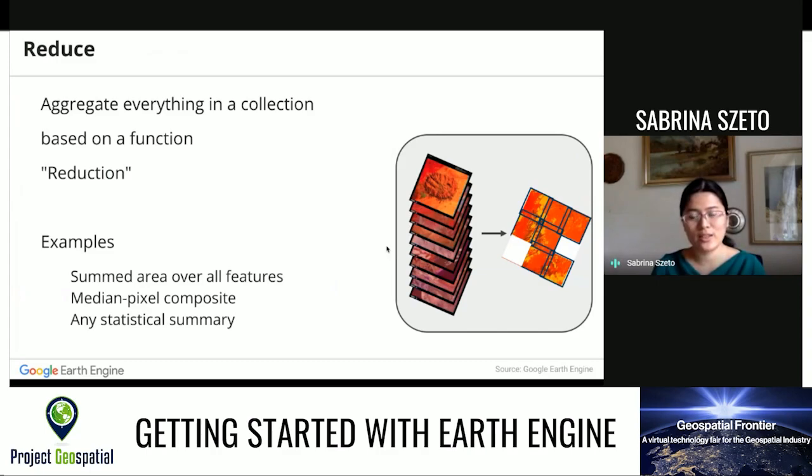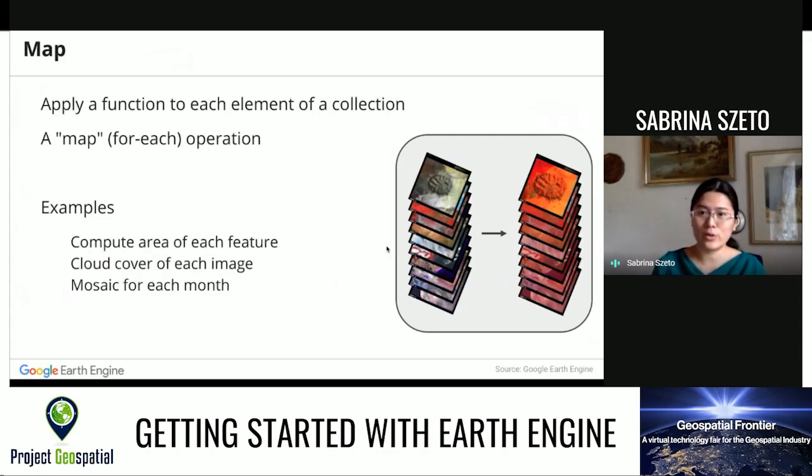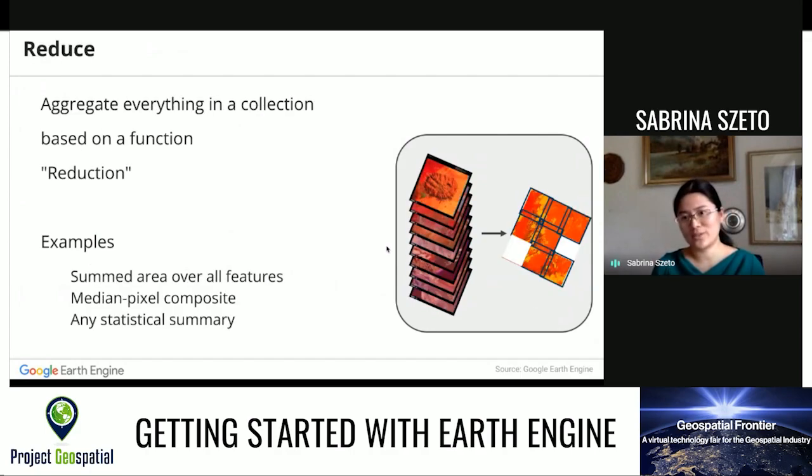And if you were thinking about images, you could calculate the cloud cover for each image, and then you can also create a median pixel composite after, say, you have done some kind of cloud masking on each image.